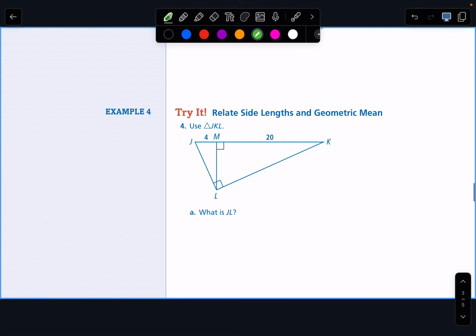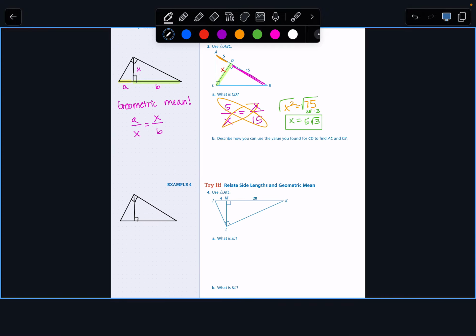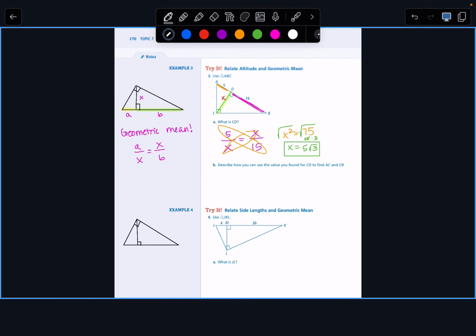All right, now, that is not the only shortcut. Down by example 4, I want you to draw that picture again, just like we did up here.